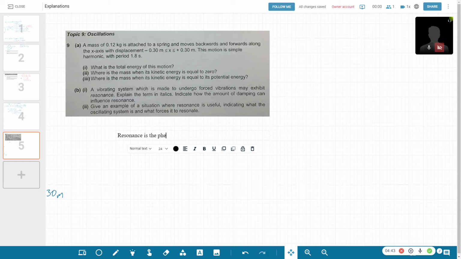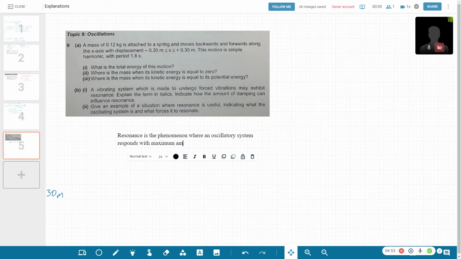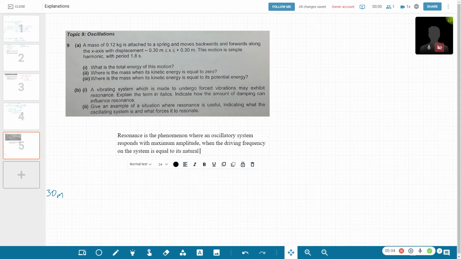Resonance is the phenomenon where an oscillatory system responds with maximum amplitude when the driving frequency on the system is equal to its natural frequency. So the key thing is about maximum amplitude and driving frequency equals natural frequency.